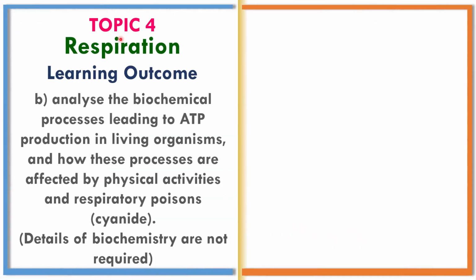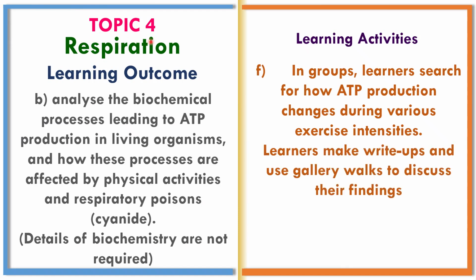Thank you very much for participating in topic 4, respiration. Our learning outcome B: analyze the biochemical processes leading to ATP production in living organisms and how these processes are affected by physical activities and respiratory poisons such as cyanide.